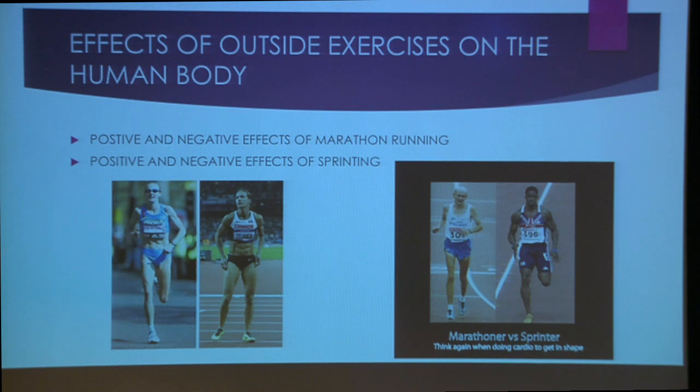What I found really interesting was a lot of runners who finished marathons had problems with their explicit and implicit memory, as if they had damage done to their hippocampus in their brain. The explicit deals a lot with short-term memory, so a lot of these marathon runners would have issues remembering what they ate for lunch the day before.